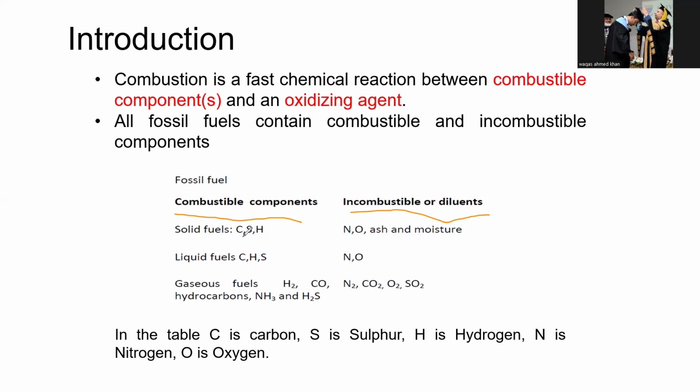In solid fuels, the components are carbon, sulfur, and hydrogen. Similarly in liquid fuels and gaseous fuel. And the non-combustible part is nitrogen, oxygen, ash, and moisture content. So these are the non-combustible part of the fuel. Now, let us move forward.